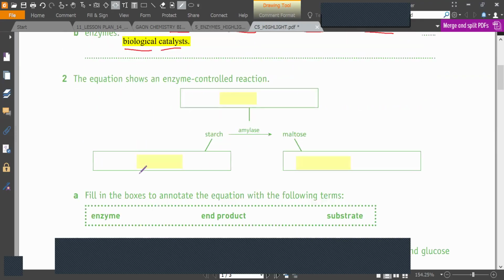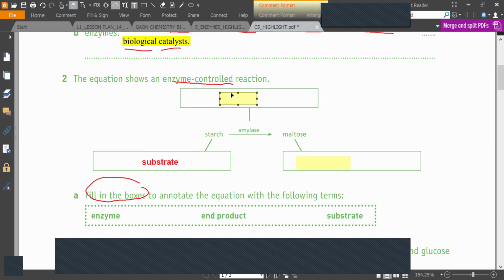Okay, next. Here we have enzyme control reaction and we need to fill in the blanks. Straightforward. The starch will be the substrate, what we want to react.